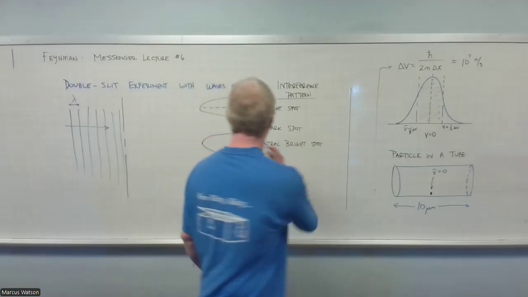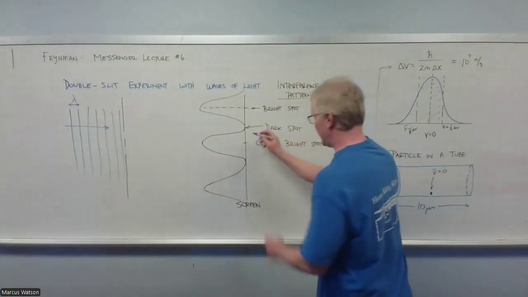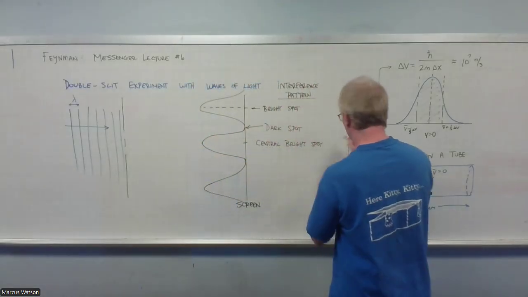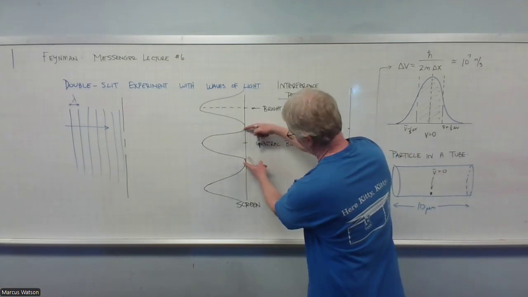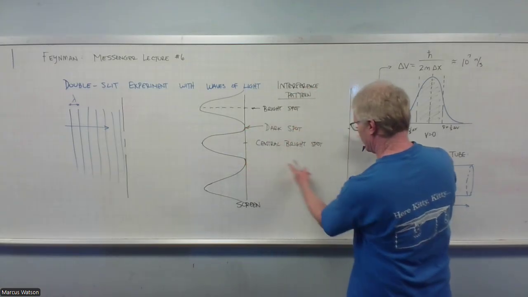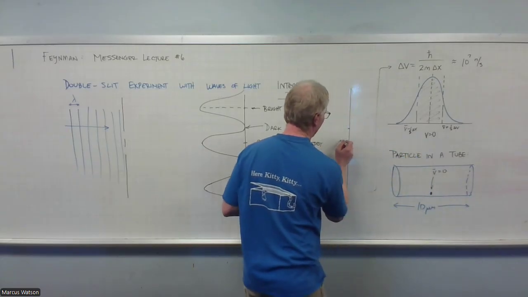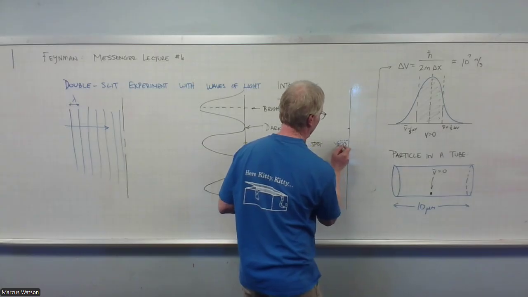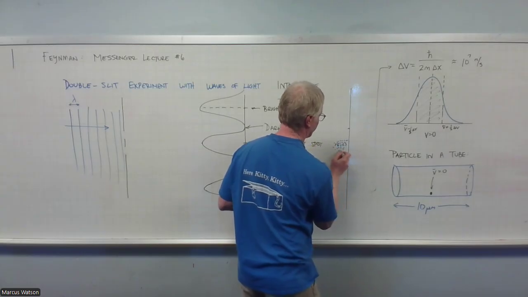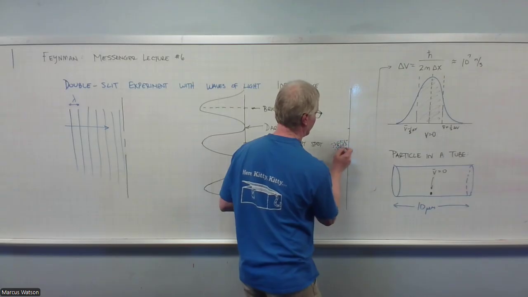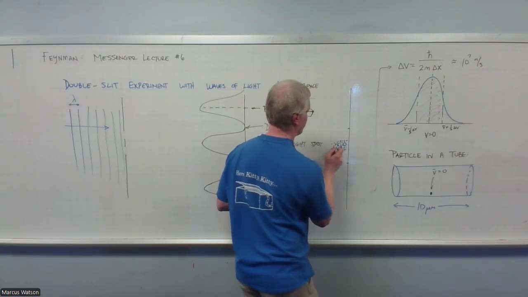I'd see a large number of dots here at the central maximum, and that's between here and here, right there to right there. All right. Okay, so I'm going to see a large number of dots all around in here. That's the central maximum.